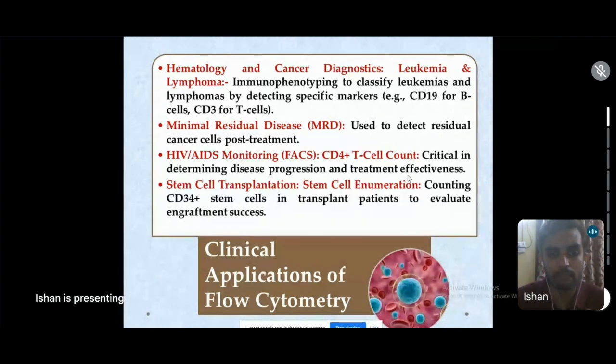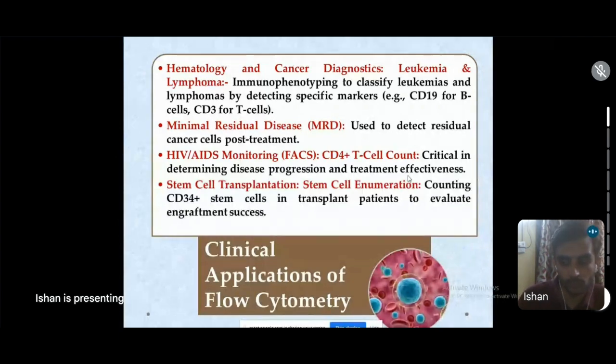Now, what are the clinical applications of flow cytometry? The clinical or medical applications are directly translated into patient diagnosis and patient treatment. That is why medical biotechnology becomes more and more important, because these biotechnological techniques used in biology directly become translational research or translational medicine, which is directly applicable to clinical medicine.